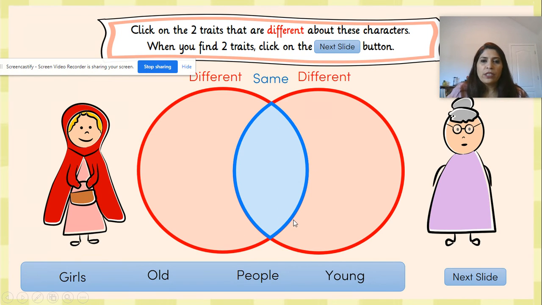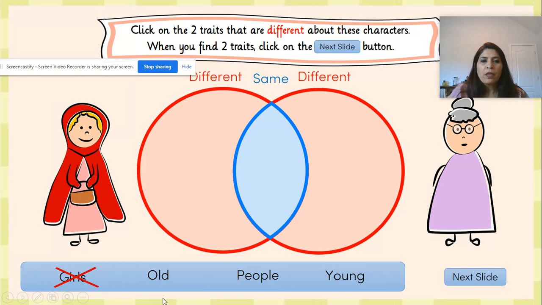All right, now we need to look at this one, and this time we need to find two things that are different about both of these ladies right here. So remember we're looking for things that are different. When you compare and contrast, when you're contrasting, you're looking for things that are different. So obviously, she's a girl.